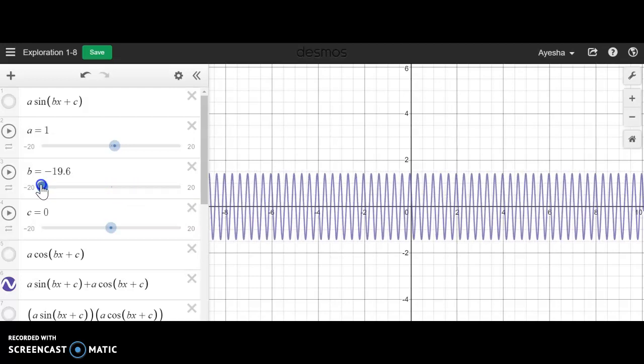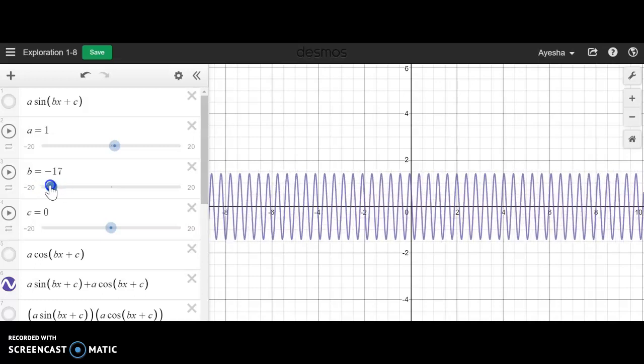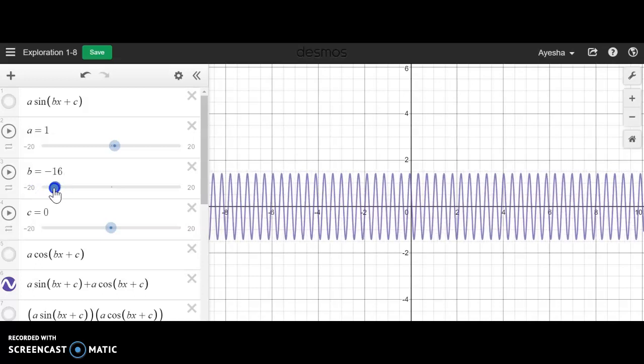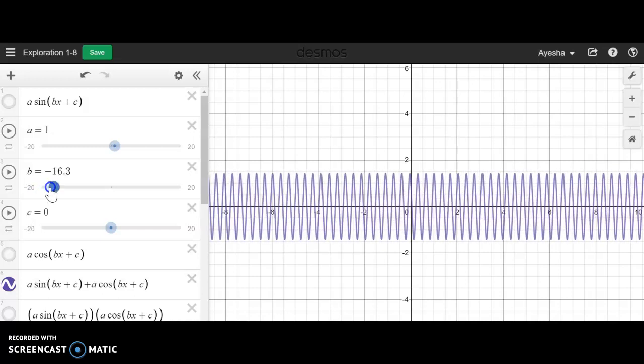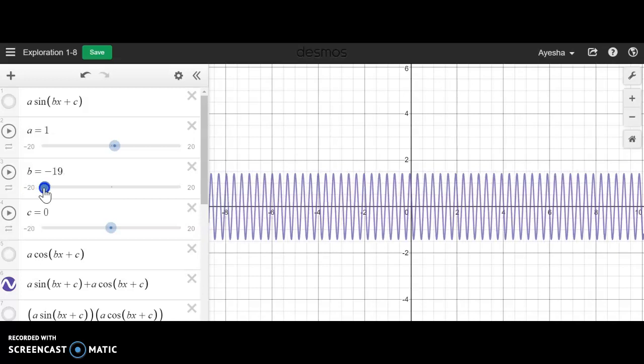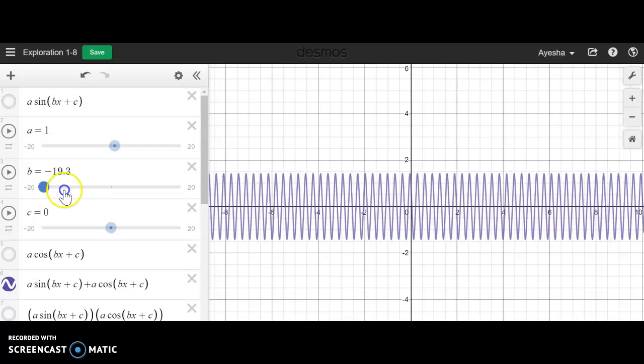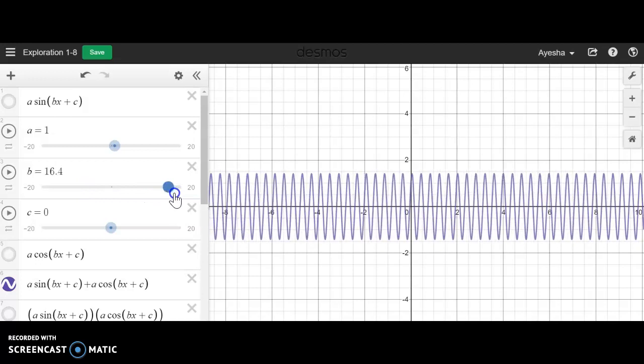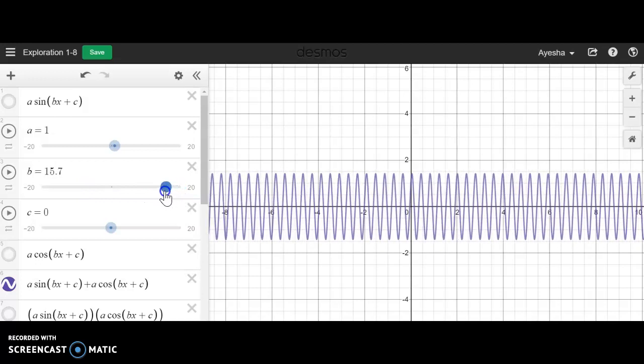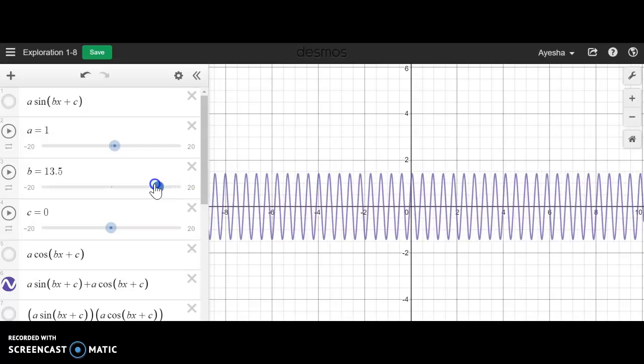When b is a really high number in absolute value, such as 20 or negative 20, the graph is really compressed and the periods are smaller, and going back to positive 20, it's the same.